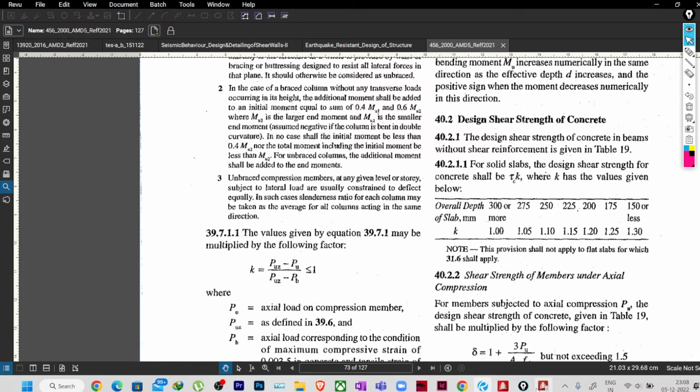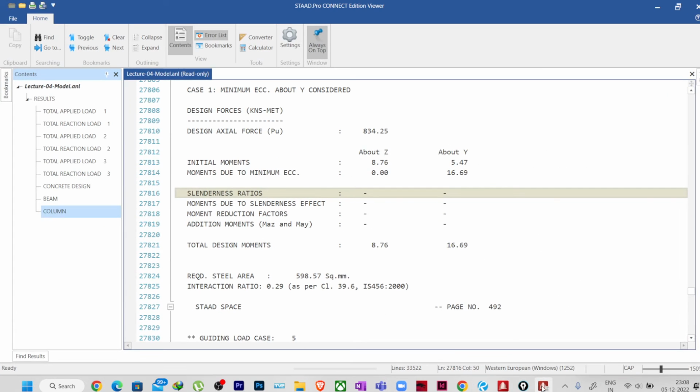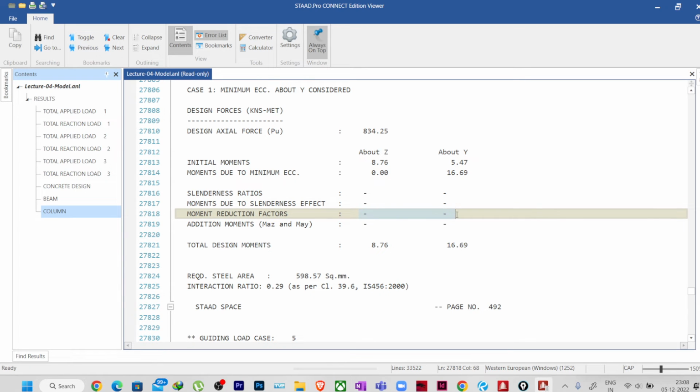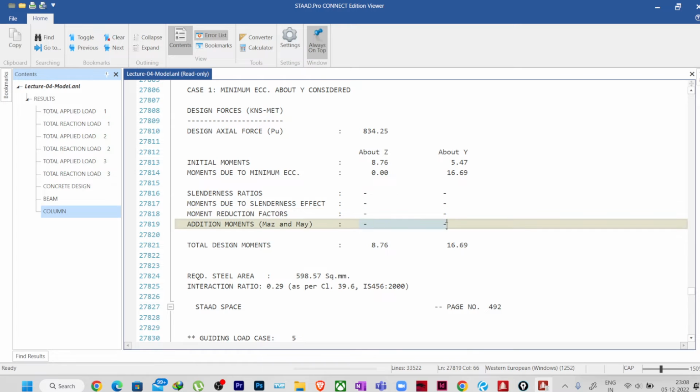If you design using software, the software will use this whenever you are calculating the additional moment. It will calculate the reduction factor automatically and reduce the additional moment, and finally you will get the additional moment in here. As we are not getting any additional moment or slenderness effect, these things are not calculated now.